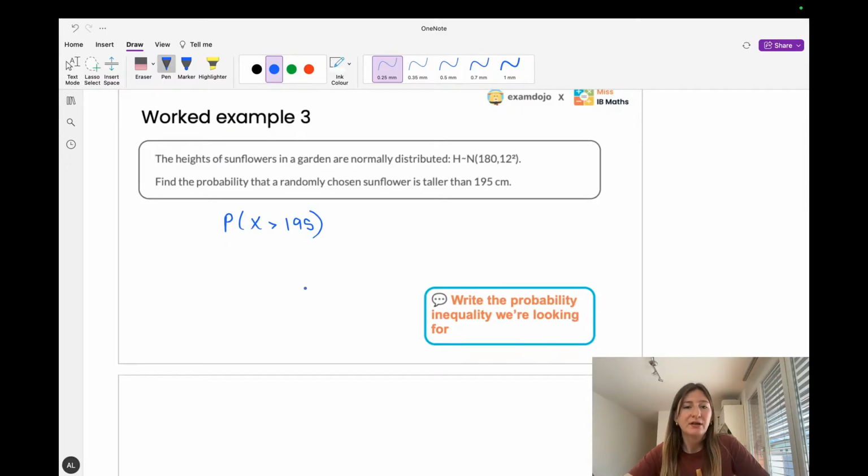Okay. So again, draw a little thing with our mean over there, and we want more than 195. So if our mean was at 180, 195, not exact, but somewhere around here. So we want to know this area over here, more than 195. All right, and remember, our calculator actually only gives us what's to the left.